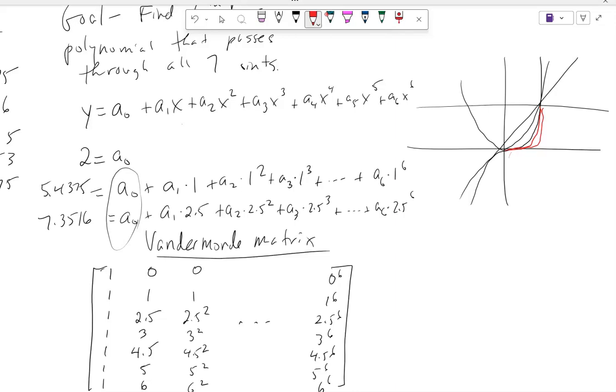The columns are getting really, really close to being linearly dependent, which is bad for columns. It makes your matrix not want to be invertible anymore. We refer to this type of matrix as ill-conditioned. And ill-conditioned matrices are hard to deal with when you want to solve things.